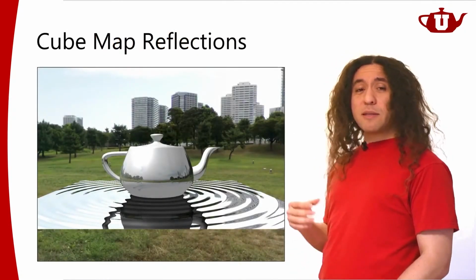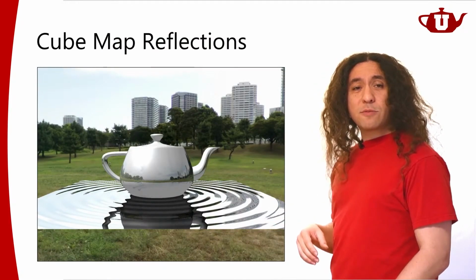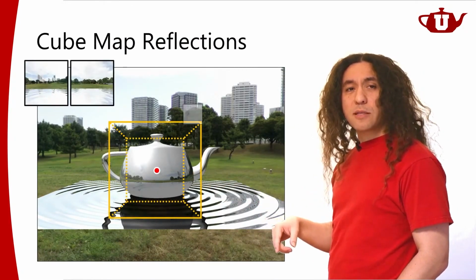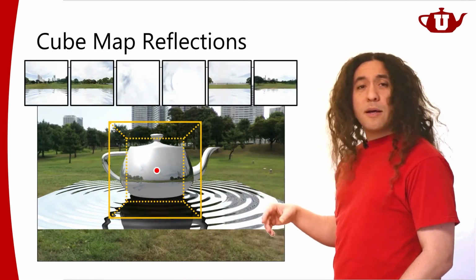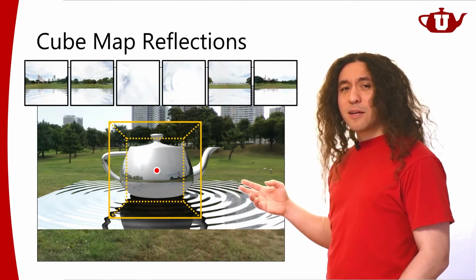Same goes with reflections. We can do reflections with rasterization. We use cube map reflections, for example, for objects. I showed you how to do this, right? We render the faces of cube maps, but this is not going to be the right reflection.